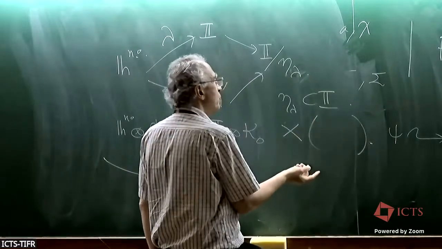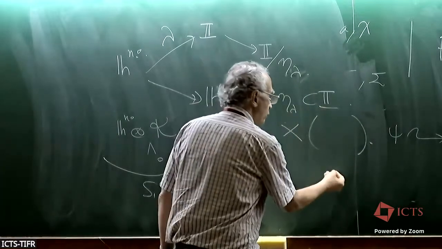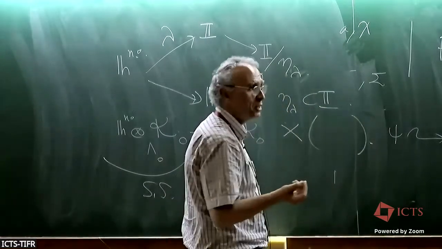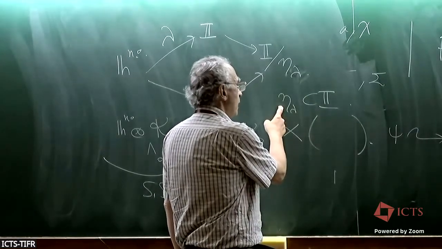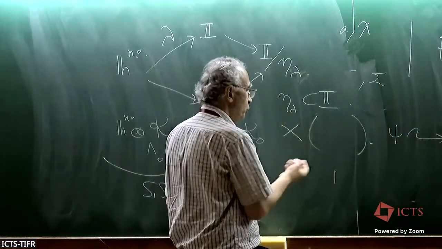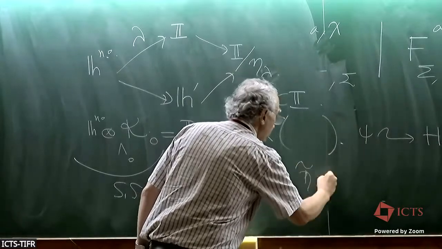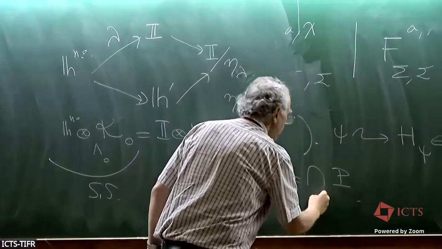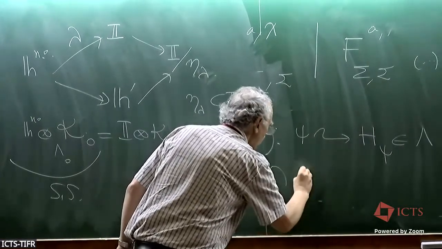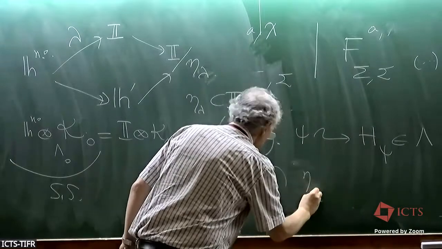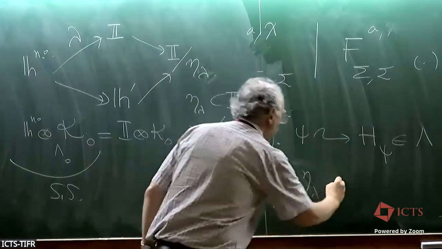And in some cases, for instance, if by any chance I is factorial, for instance, if it is an Iwasawa algebra, then this ideal has a height 1 envelope, which is principal. So if you replace eta lambda by the intersection of the height 1 components, the localizations at height 1, then this is principal.